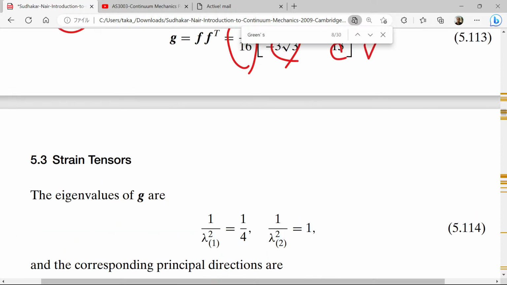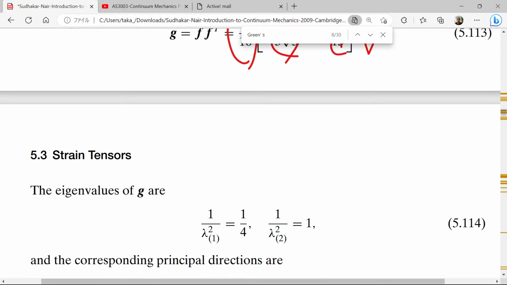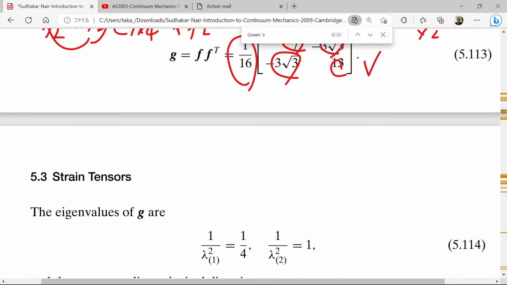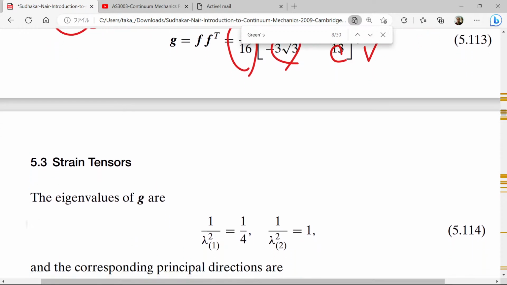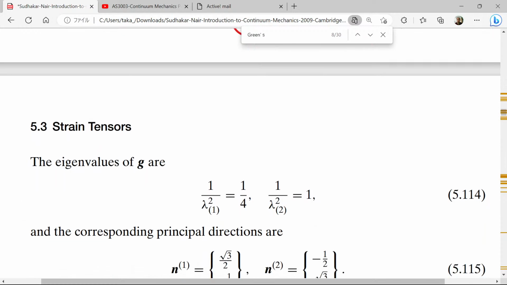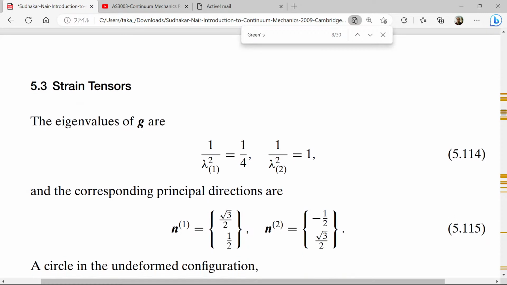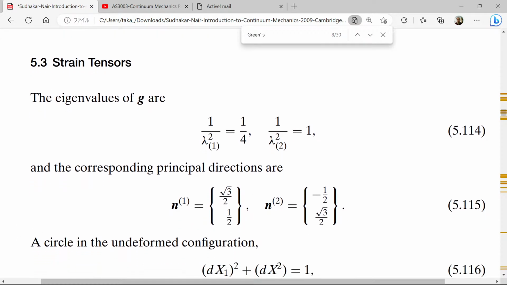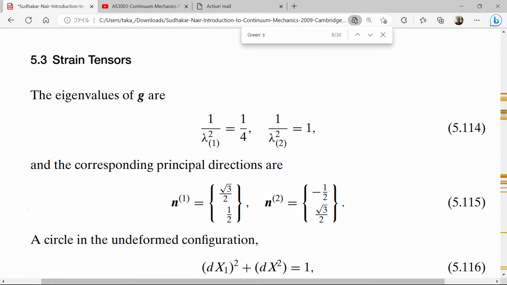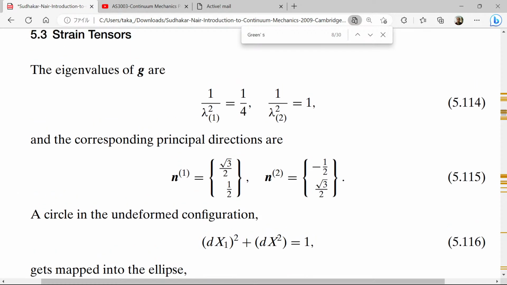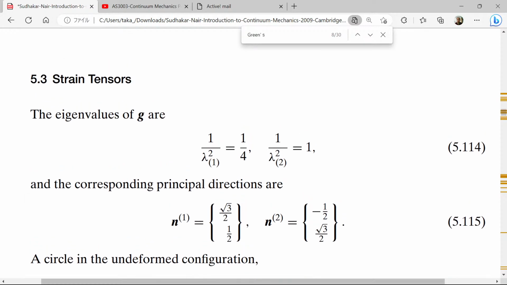The eigenvalue of g, small g, is 1 over lambda 1 square equal 1/4, and 1 over lambda 2 square, which is 1, and the corresponding principal directions are... you have to calculate this one.